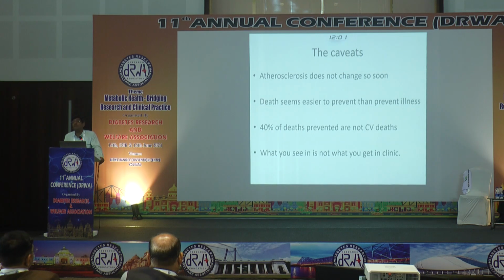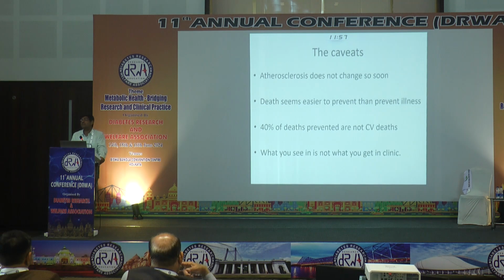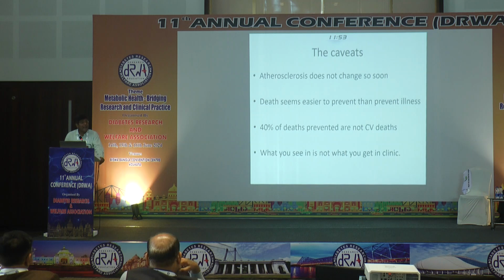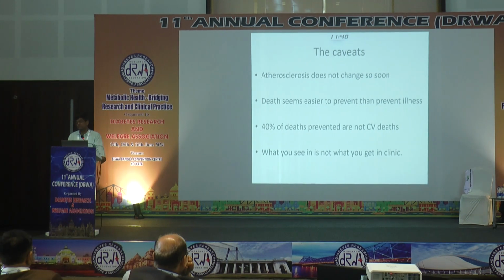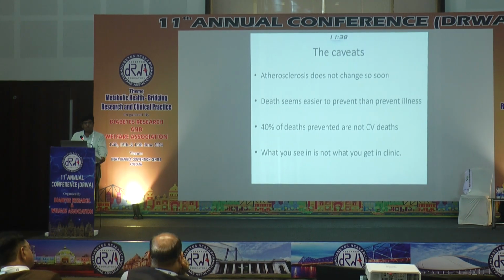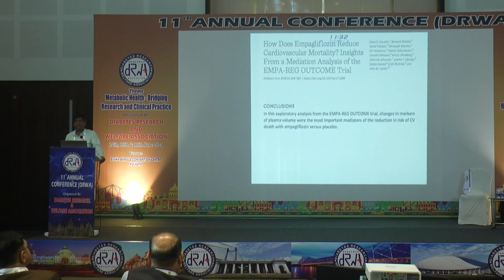You could not prevent non-fatal events, yet you prevented deaths, which is against the basic understanding of pathophysiology of any disease. And if you look at the EMPA-REG trial, 40% of the deaths prevented were presumed cardiovascular deaths. It was not proven. And 99% of the patients in EMPA-REG were patients who already had established cardiovascular disease. That's not what you see in your clinical practice.